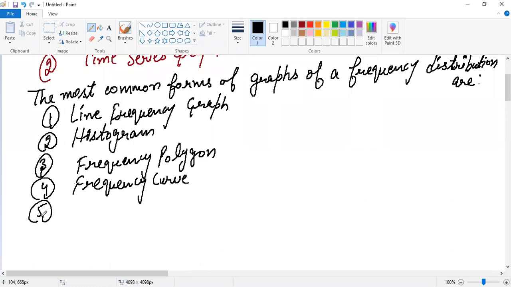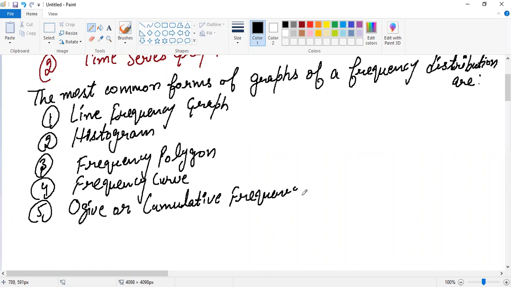And fifth and last is ogive, or you can say cumulative frequency curve.